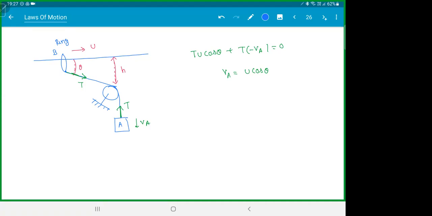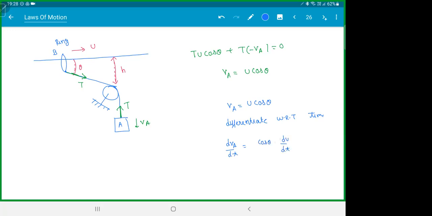Now I'll tell you what most people do. They say VA is u cos theta. Differentiate with time. And they'll say dVA by dt is equal to cos theta du by dt.